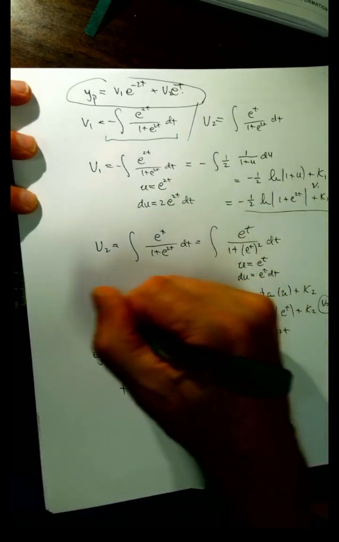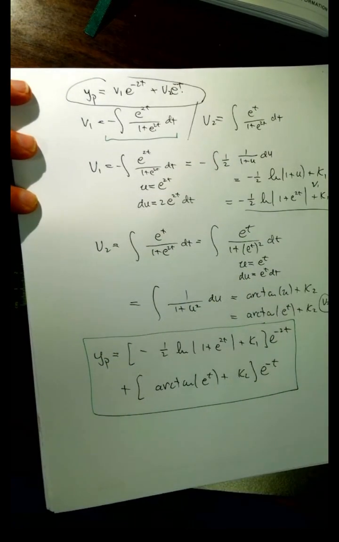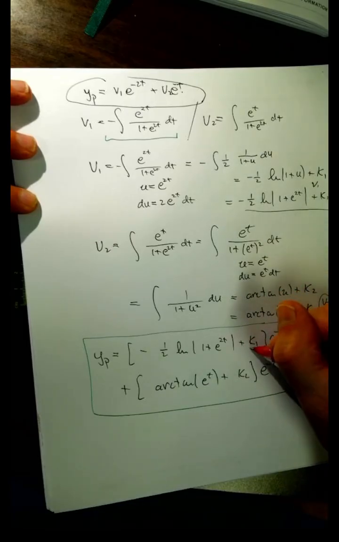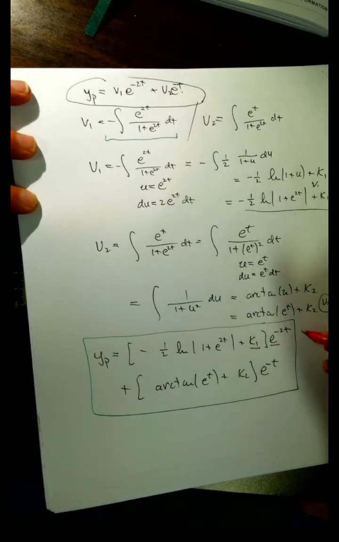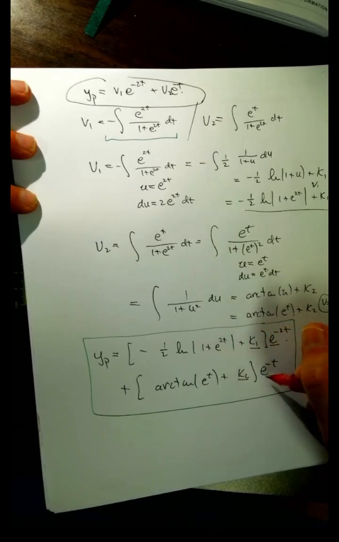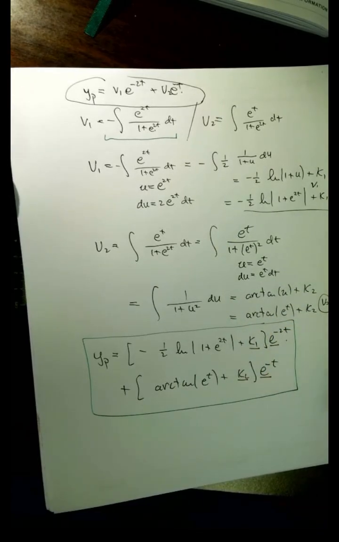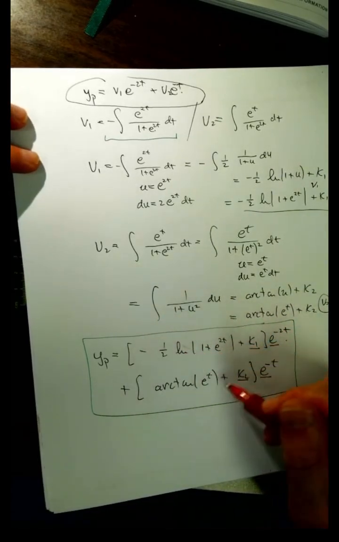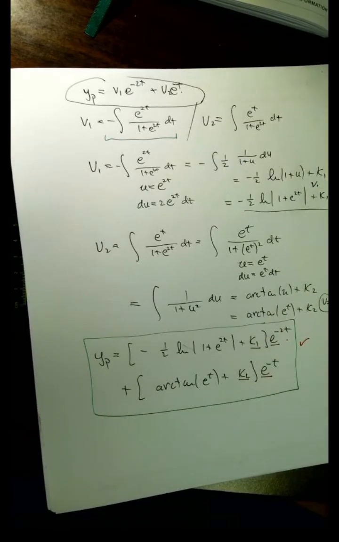And there is my solution. And notice when I multiply this through, k1 times that is my homogeneous solution, and k2 times e to the minus t is my other homogeneous solution. So this looks like a particular plus a homogeneous, so life is good.